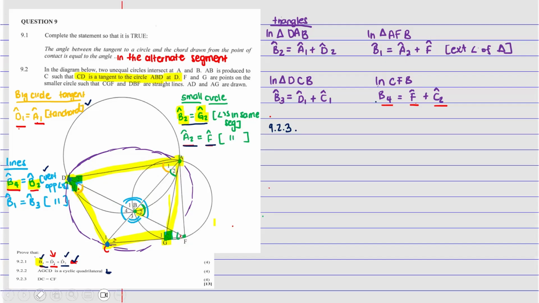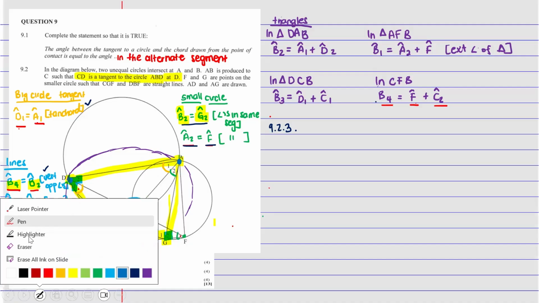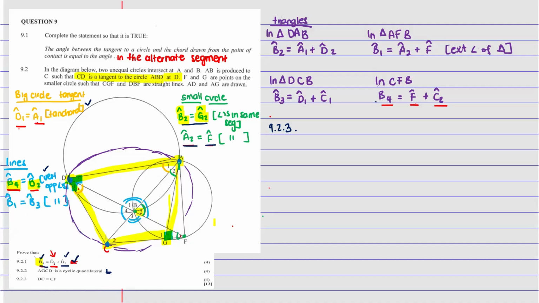So my last two points are going to be D and A, right? All those other points don't work. Let's check whether D and A is going to work. From A, I can go to G, which is great.